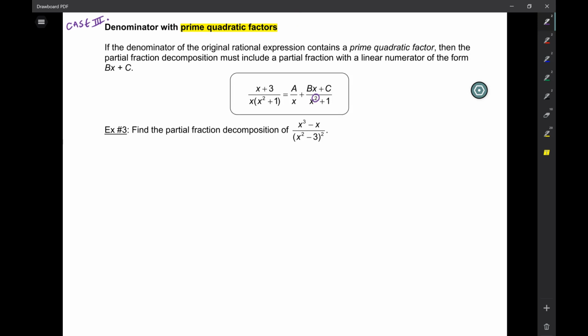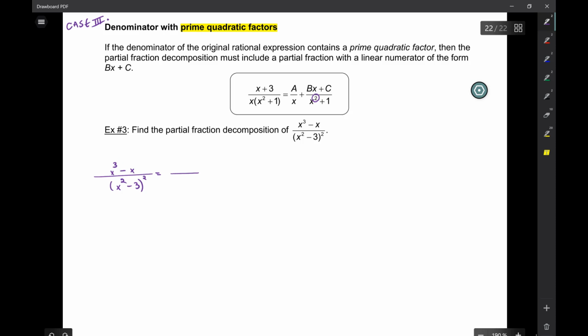So, hang on. This one, it's already factored as much as it can be factored. The denominator. The top is x cubed minus x. We just leave it. Remember, we never do anything to the top.